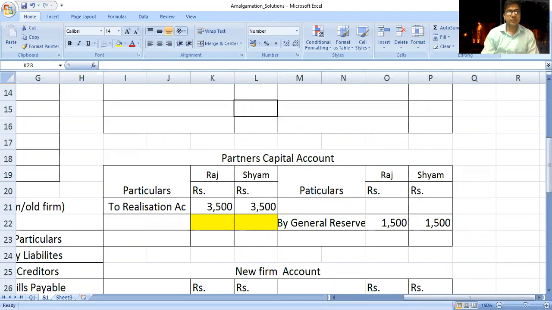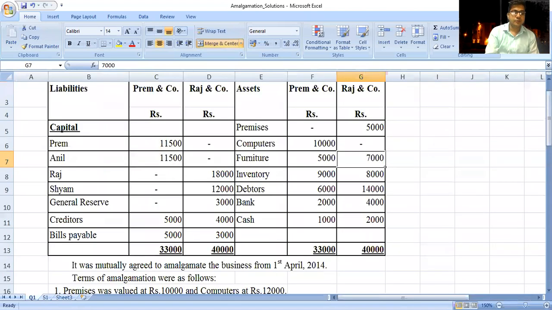Then settlement of the partner's loan, payment of the expenses by the partners. These kinds of information is not there. No need to pass any kind of entry. Now, if you see in our balance sheet, capital is there. Raj and Sham's capital, 18,000 and 12,000.